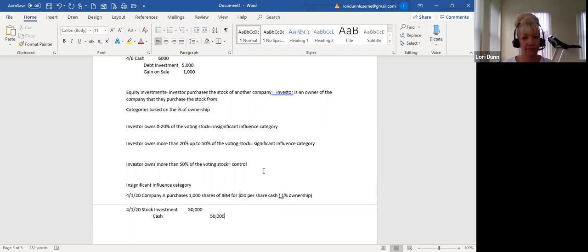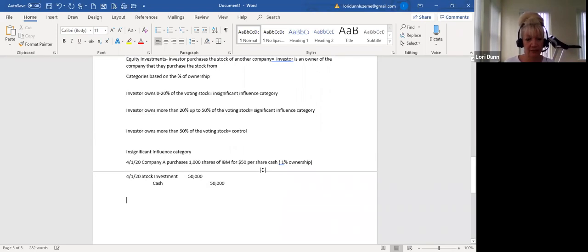All right. Now, when you owned a debt investment, you usually received interest over the life of the debt. But what if you own a stock investment? Well, you may receive a dividend. You may not.